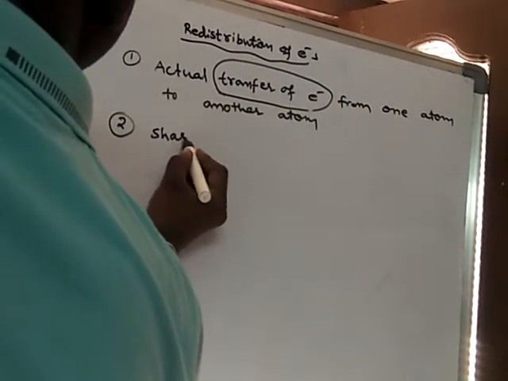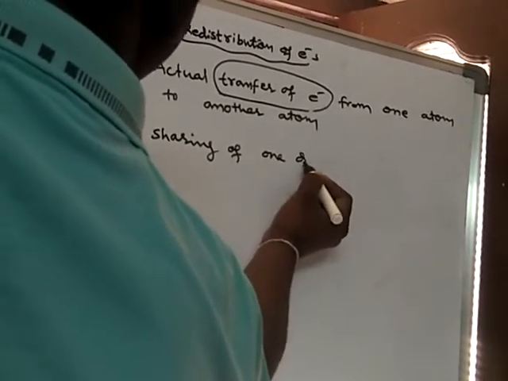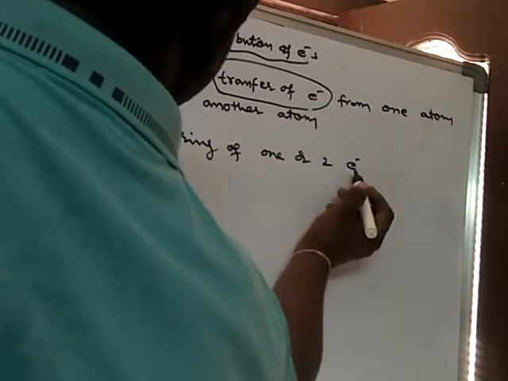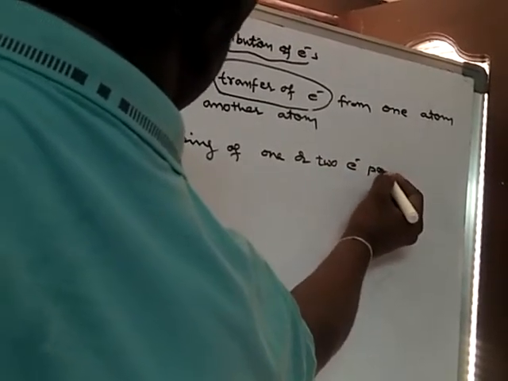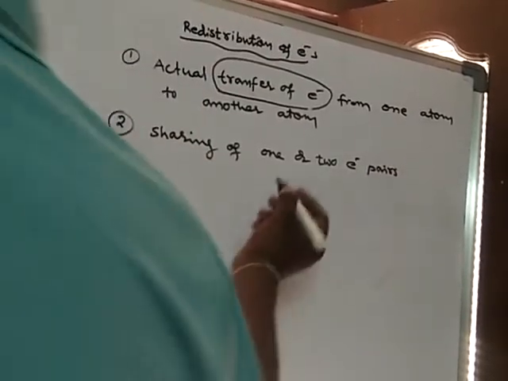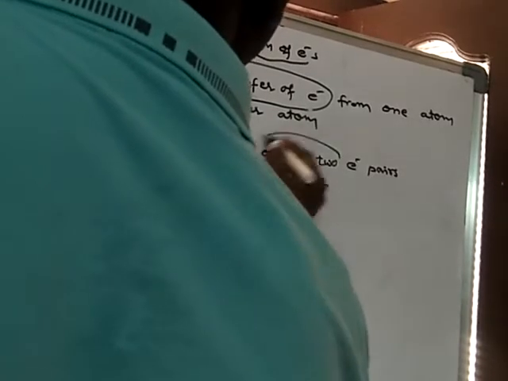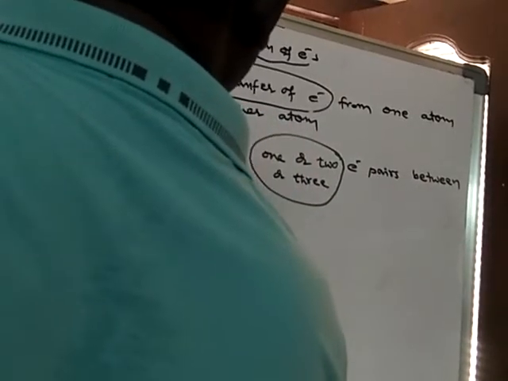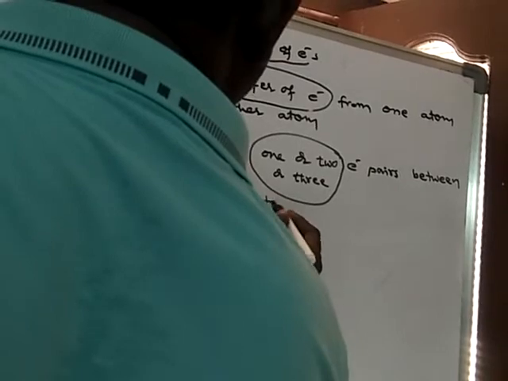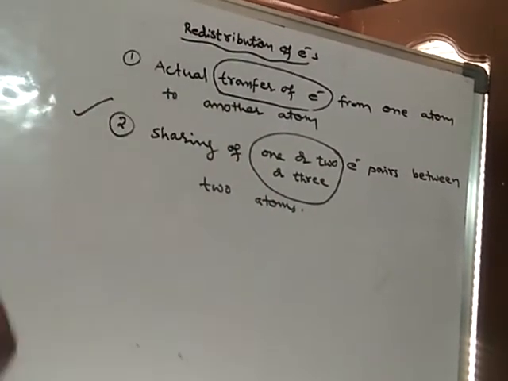The other method is sharing of 1 or 2, or sometimes 3, electron pairs between 2 atoms. So this is another method.